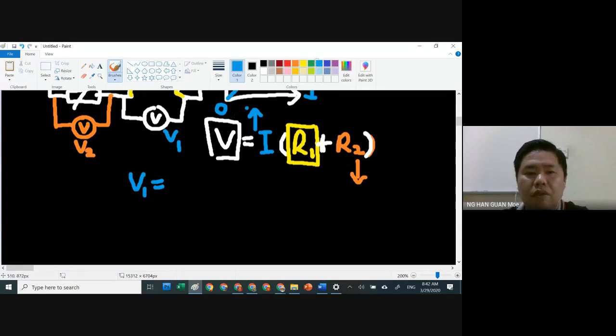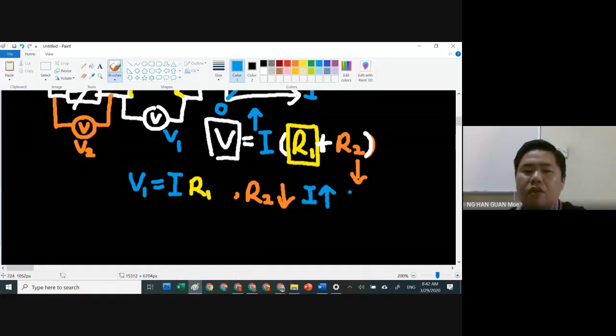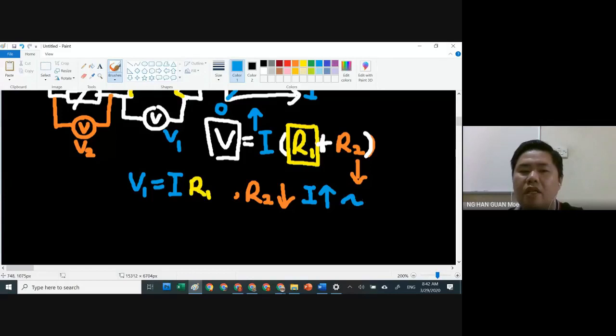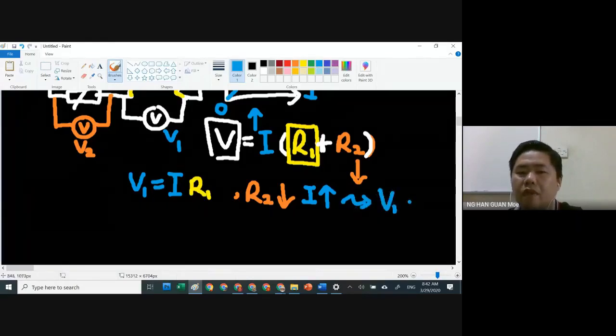Anyway, the V1 is based on the result of I multiplied by the constant R1. So that's why when R2 becomes smaller, we increase the current. So that will lead V1 to become higher.